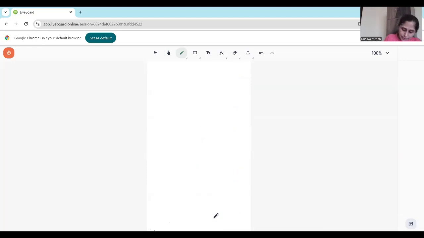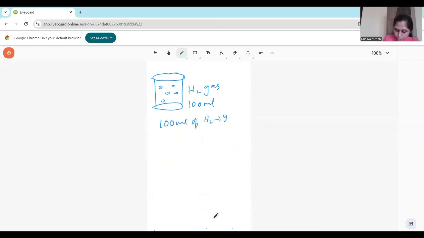So, if I'm taking a container and I'm filling it with hydrogen gas, and the volume is 100 ml. And if I assume 100 ml of hydrogen has Y molecules, keeping the physical conditions the same, temperature, pressure, and all other conditions, that means if I remove hydrogen and fill it with carbon dioxide, the volume remains the same.